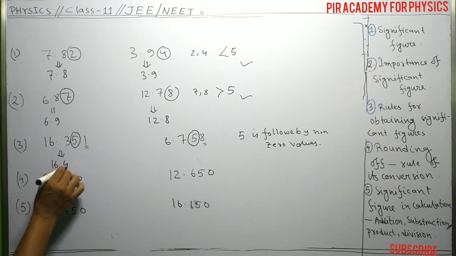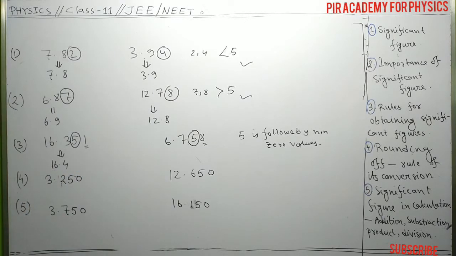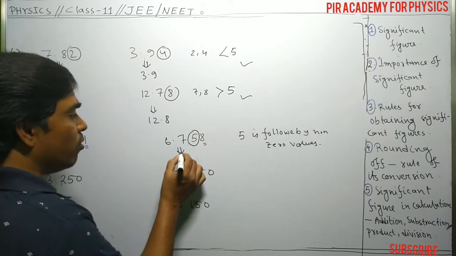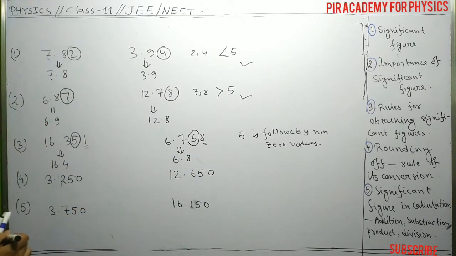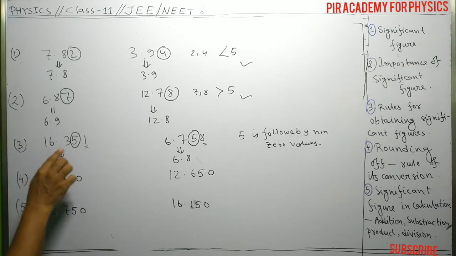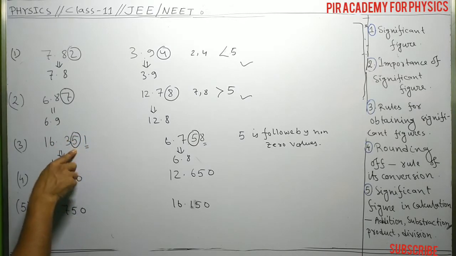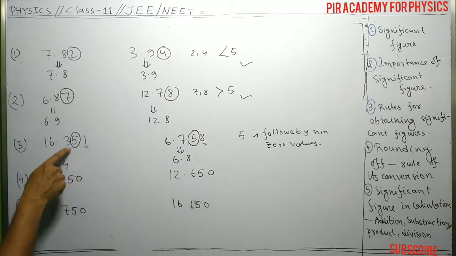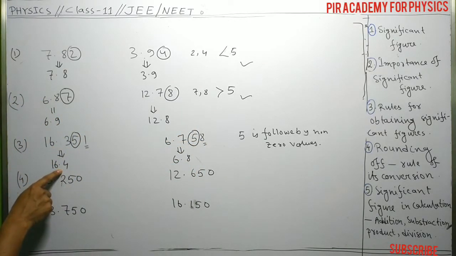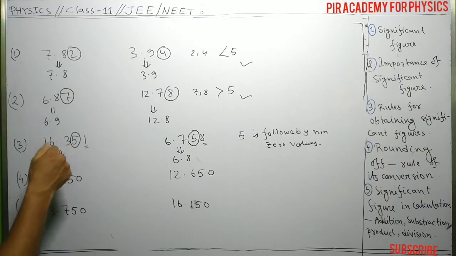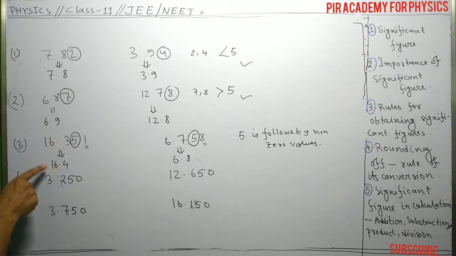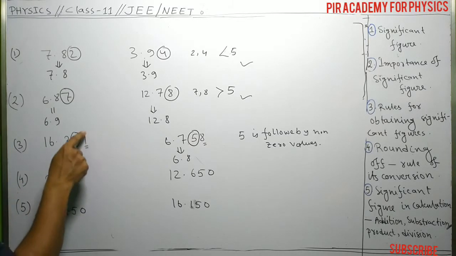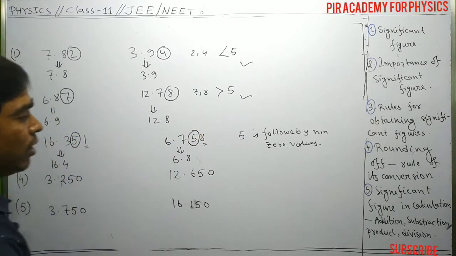That means it will be 16.4, and here also 6.8. What is the rule? If you want to drop this 5, and the 5 is followed by a non-zero value, then the preceding number will be increased by 1. Here 5 is dropped, but the preceding number is increased by 1 because 5 is followed by a non-zero value.